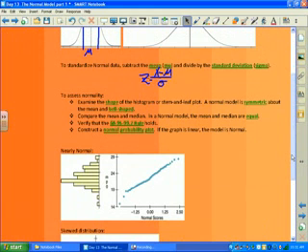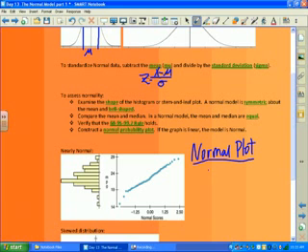Finally, there's some stuff in your book about assessing whether something is considered normal, and you could put the data into your calculator, into your lists. We're not doing this part of the lesson today, but you can go to your book, and there's something on the normal model, the normal plot.